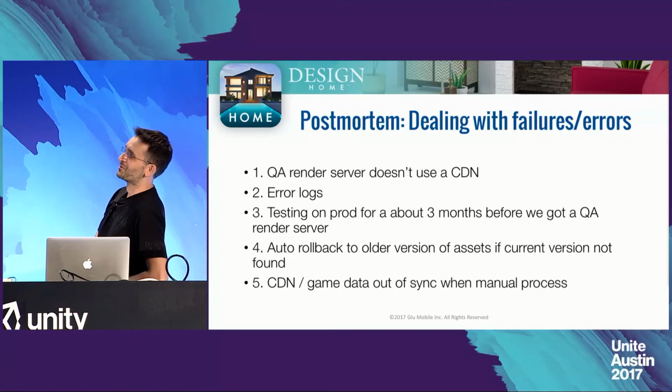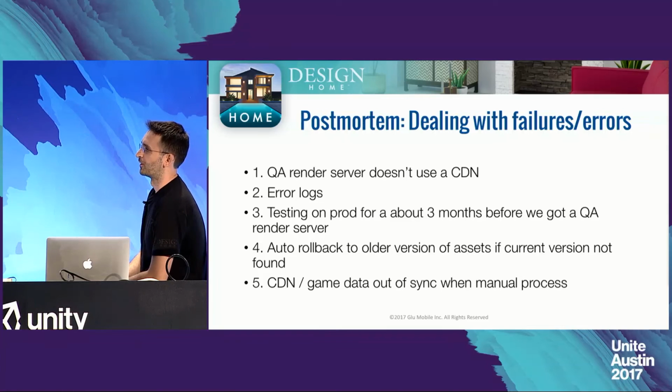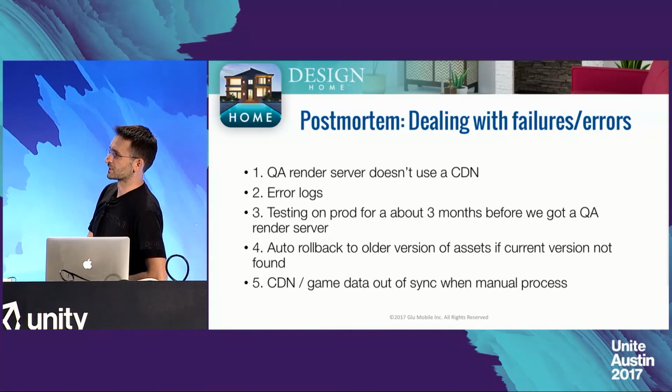One thing we did was we were testing on prod for about 3 months before we got our own QA instance. It was just limited resources to get everything up and running. But now we actually have 2 QA versions. We're still live on Unity 5.3 while our client is on 5.6, and we're testing a 5.6 render server.